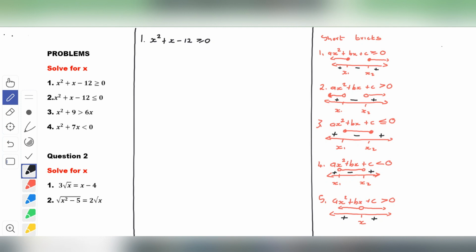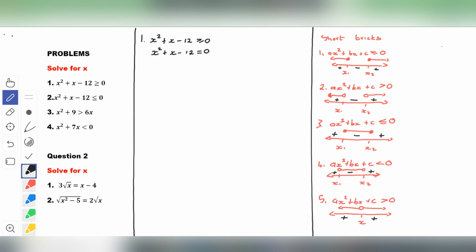So the first thing we need to do is change that inequality to an equation, x squared plus x minus 12 equals 0.